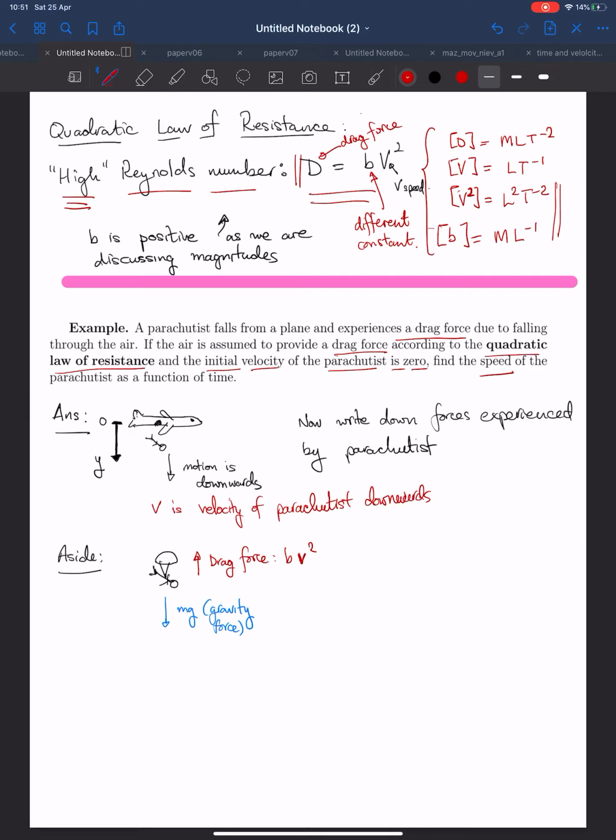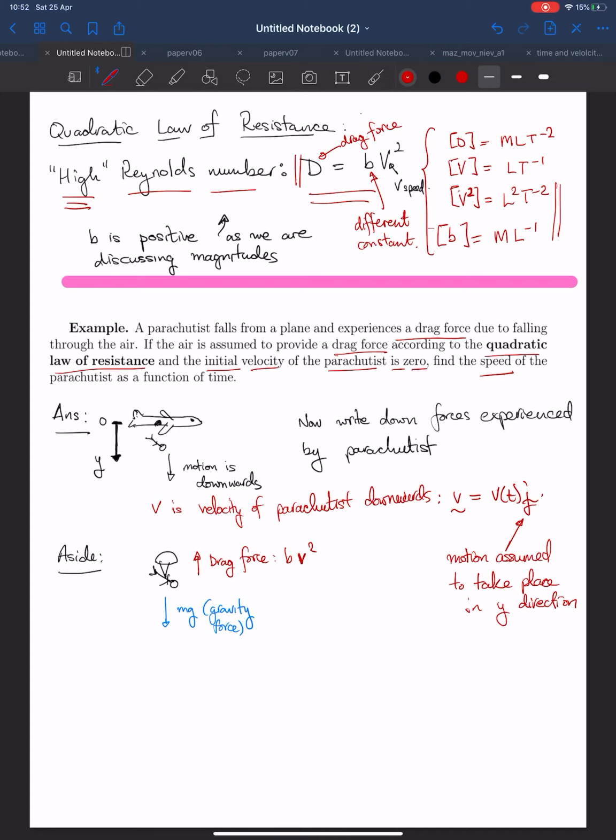And I can construct a vector using this v to describe the velocity of the parachutist. So we have the vector v, as usual for vectors, is v of t j, because my motion is assumed to take place in the y direction, downwards in fact.